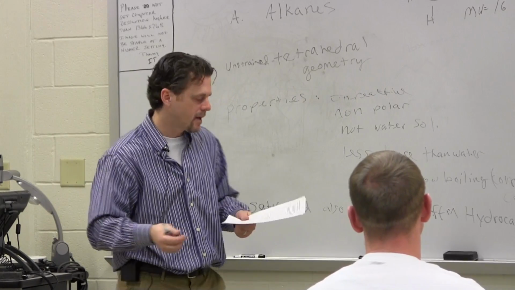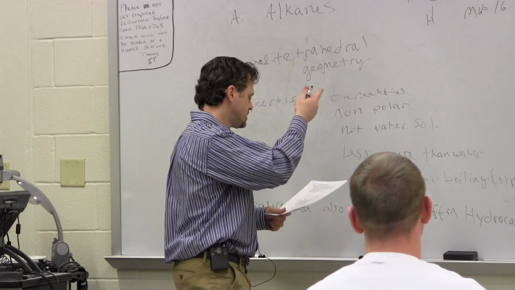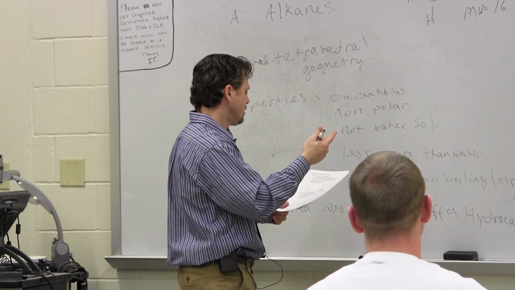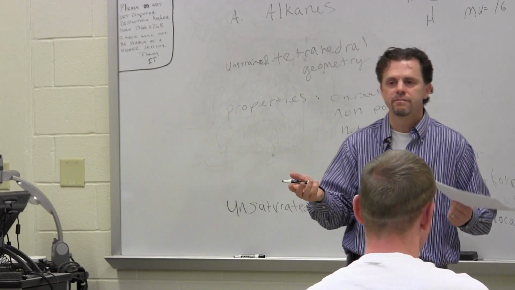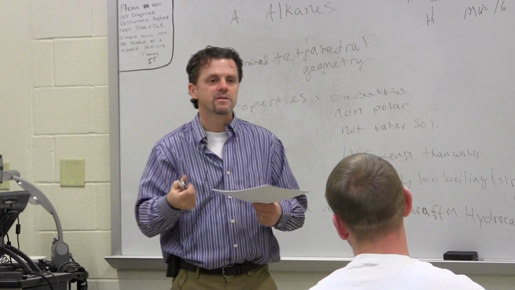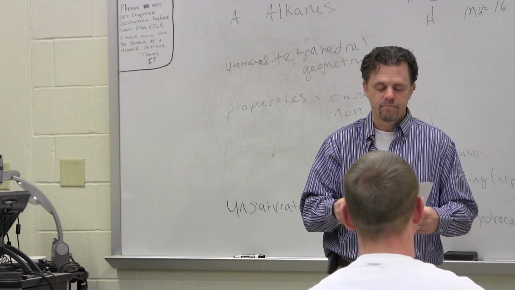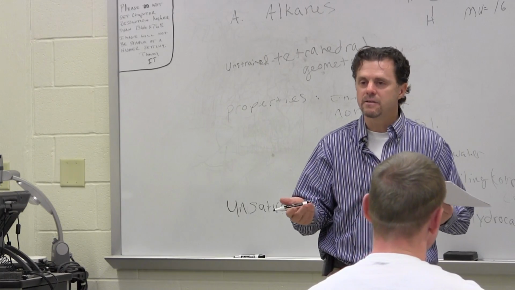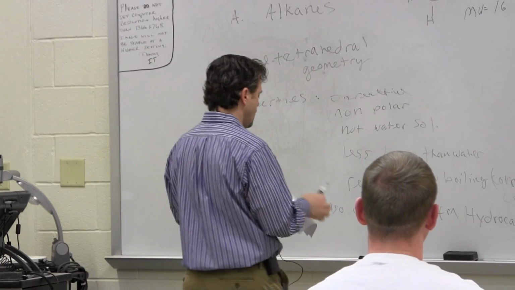That tells you it's an alkane. Simplest is methane, as we said. Other alkanes that you may be familiar with are propane, which is in your gas grill, butane, which is in a lighter, and octane, which is in gasoline. Those are pretty common, everyday ones that people are familiar with.